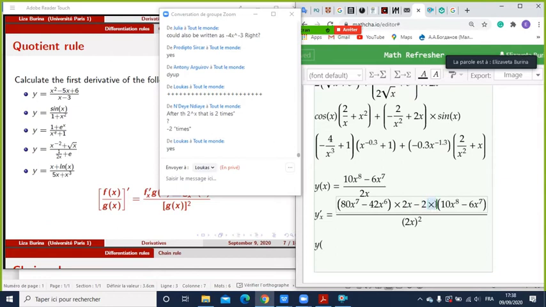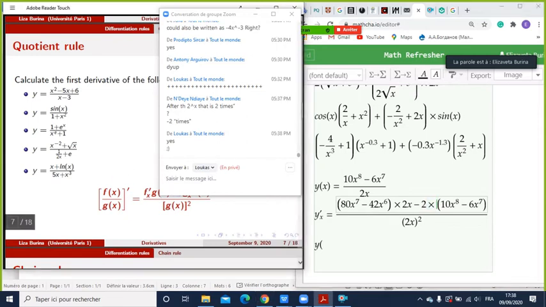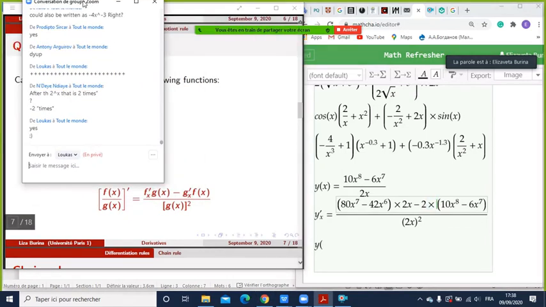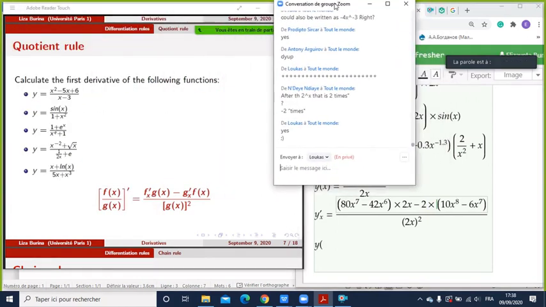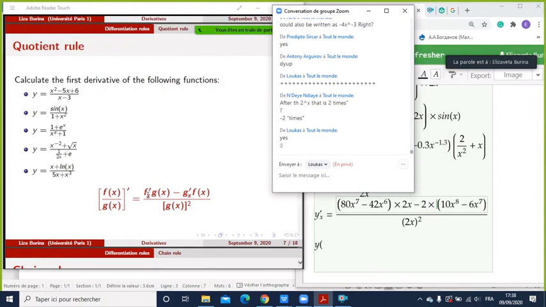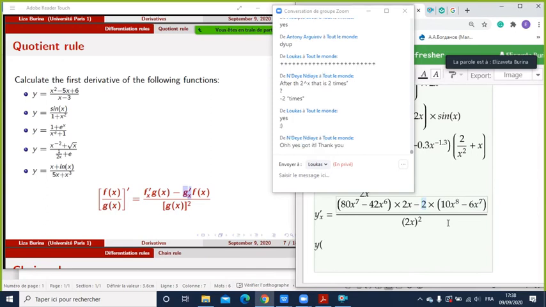Yeah, that's times. Why? Because I just applied this rule. So I said, now I have to take the derivative of the denominator and multiply it by the numerator. And that's the numerator, right? And that's the derivative of the denominator. All answered? Cool, thank you.